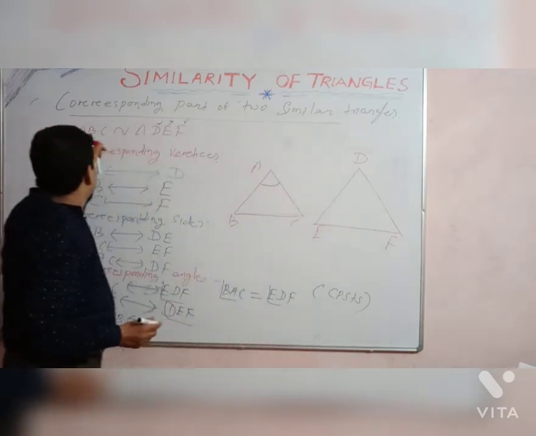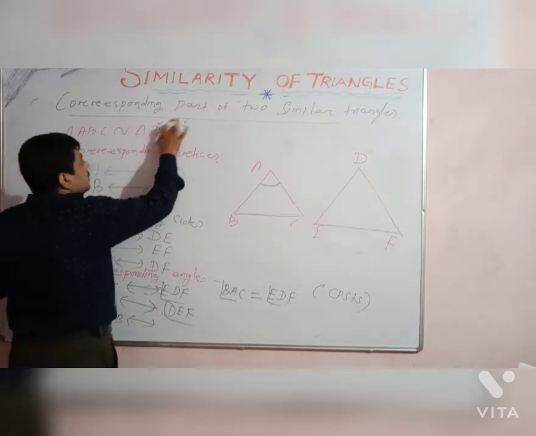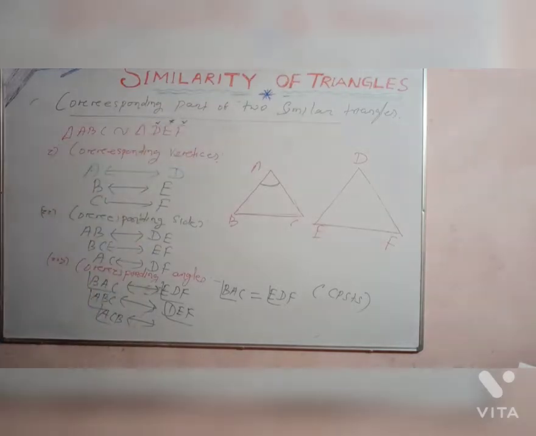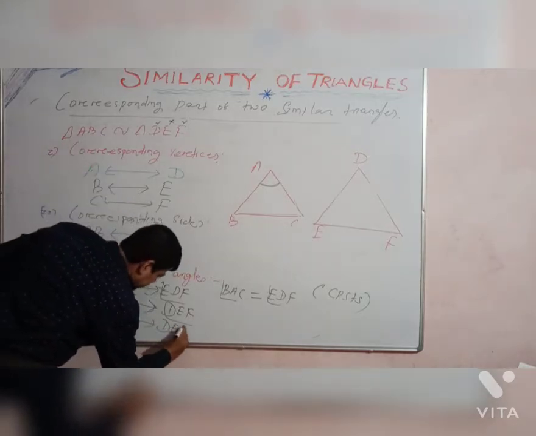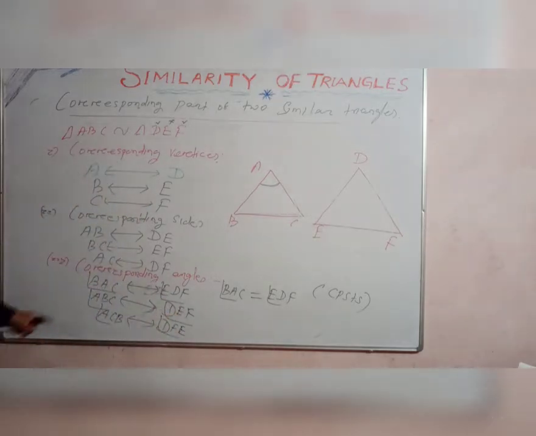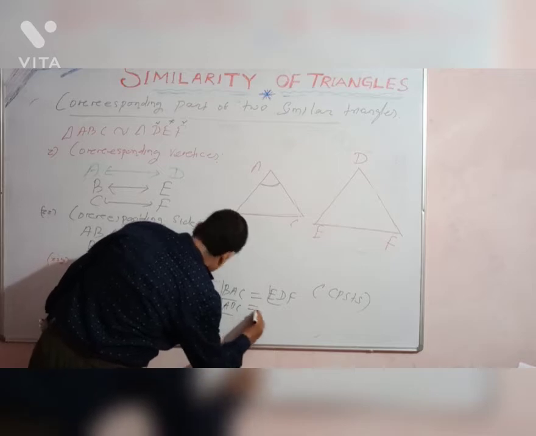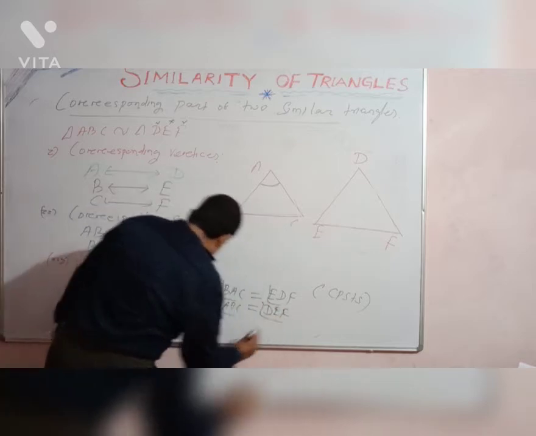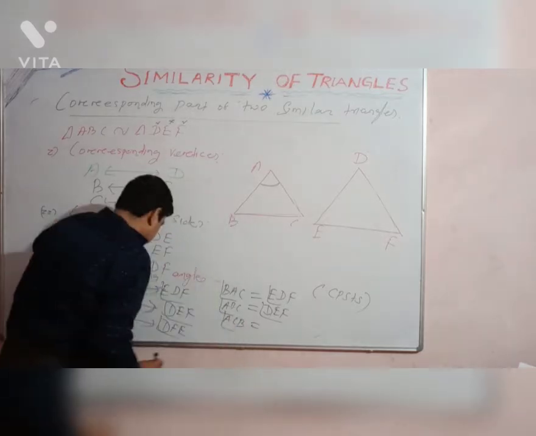You see now, ACB and DFE. First DF, then DFE. Since the triangles are similar, angle ABC is also equal to angle DEF. Yes or no? And similarly, angle ACB is equal to angle DFE.